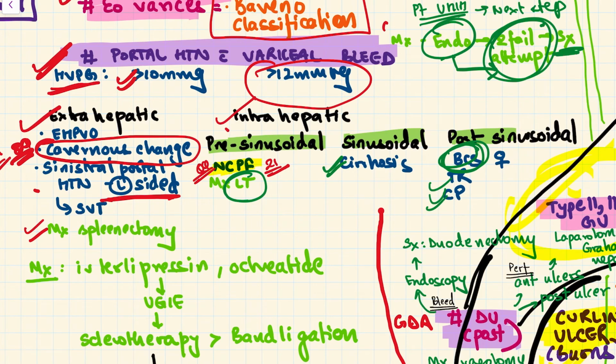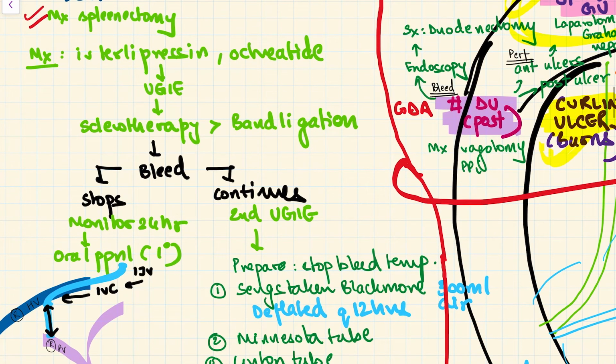This is an important thing. Remember that, because next step or the best management or what will you do next, questions like this are now the new trend in the paper that is being asked, right? Now, how we manage? We give the patient IV terlipressin and octreotide. Octreotide was also asked again this year in NEET PG, right?